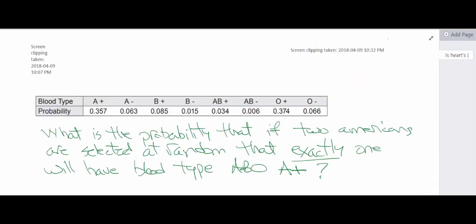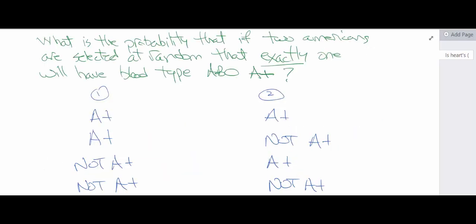Okay, let's look at blood types again. What is the probability that if 2 Americans are selected at random, exactly one will have blood type ABO A plus? So there are 2 Americans, and we want to find out the probability that exactly one has blood type A plus. American 1 could be A plus, and American 2 could be A plus.